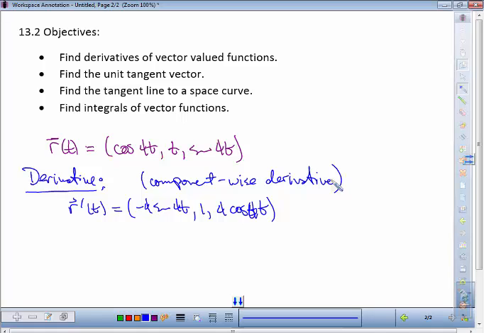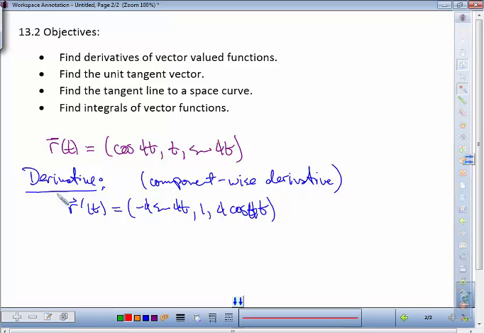And then this idea of finding a unit tangent vector is also going to come into play as something that's going to be important for us. I have a vector here. I can find the vector at a specific point by plugging in a value of t, but I can also find what's called a unit tangent vector in general, without putting in a specific value of t.